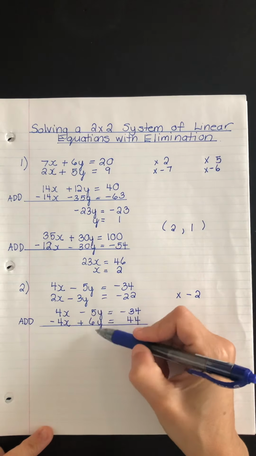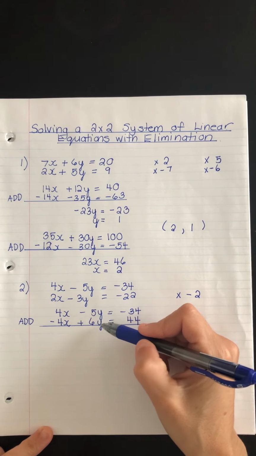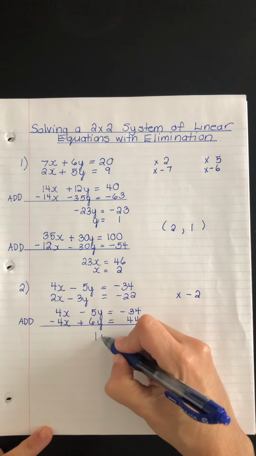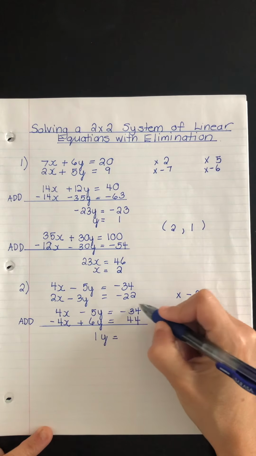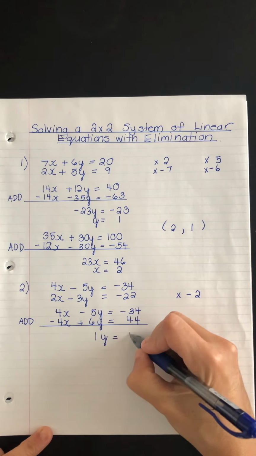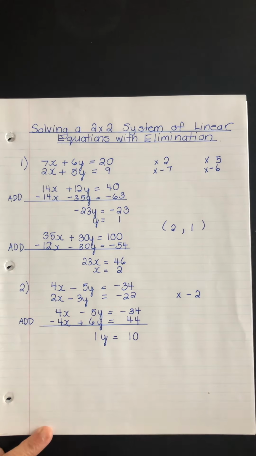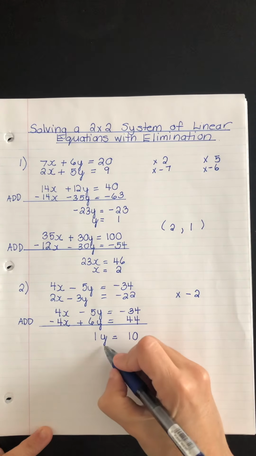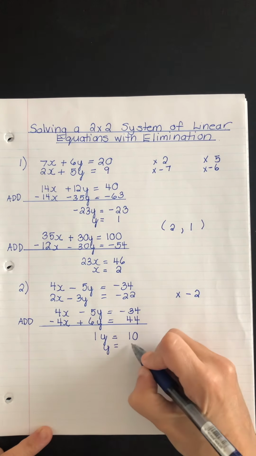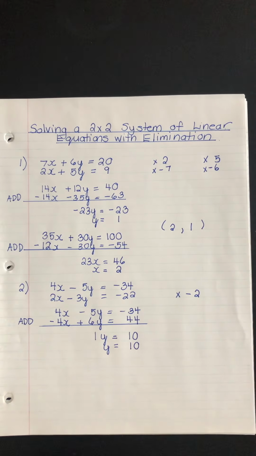How many y's will we have? Negative 5y plus 6y is 1y. Add these two numbers together and you will have 10. So y is 10 divided by 1, or y is equal to 10. Okay, so this is what I did in order to eliminate x and solve for y.